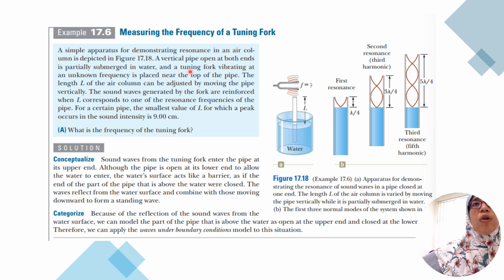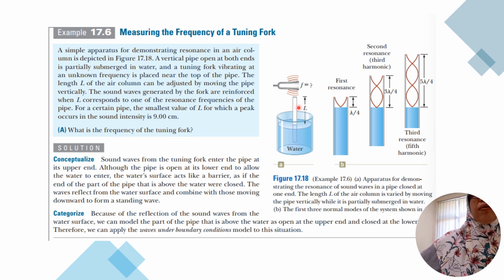And a tuning fork as a source of sound or force vibration, force frequency, vibrates at an unknown frequency. We don't know the frequency. Placed near the top of the pipes. Now, the length of the air column can be adjusted by moving the pipe itself up and down. So with that, we have different air column punya length.